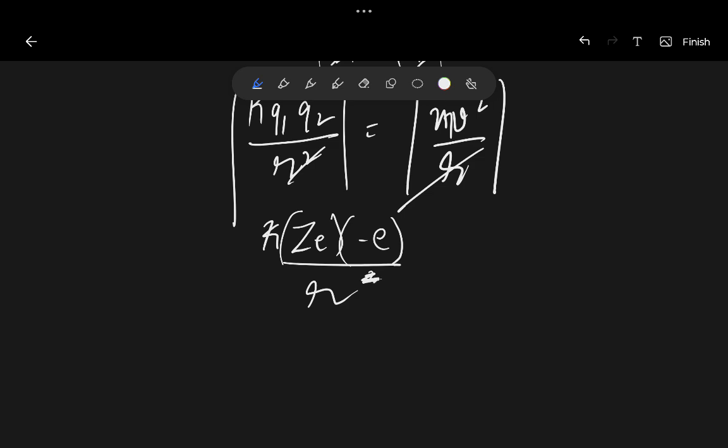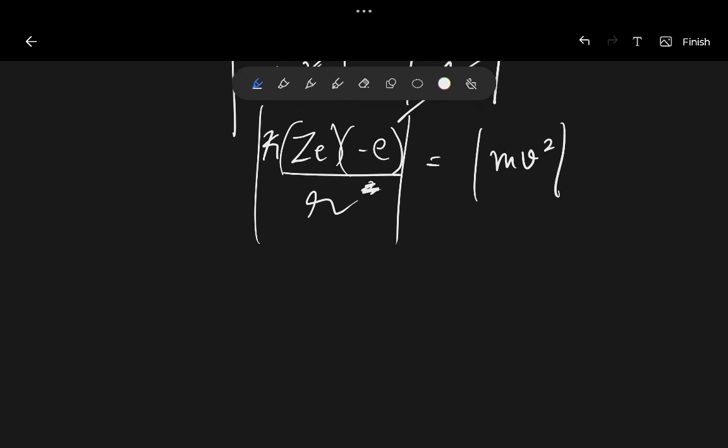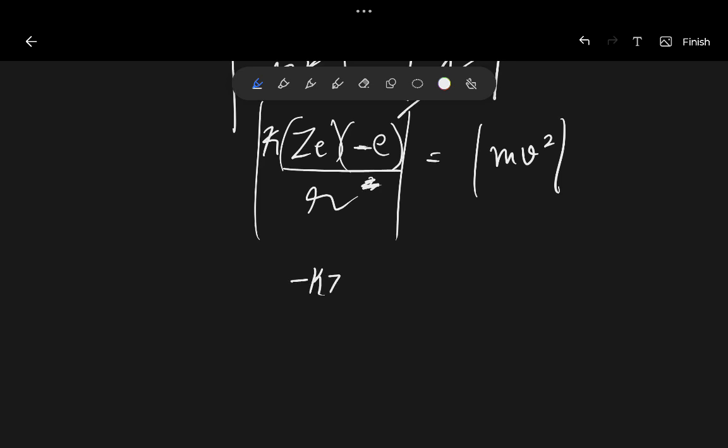So it will be R, just R. Alright, and then we have mv square. Now this negative will come outside, it will be K Ze e upon R equal to mv square.